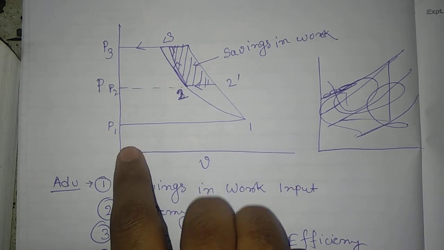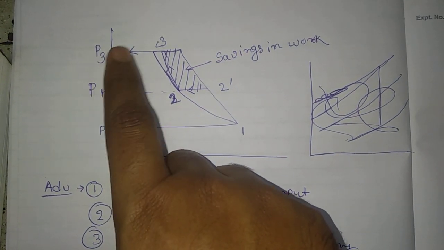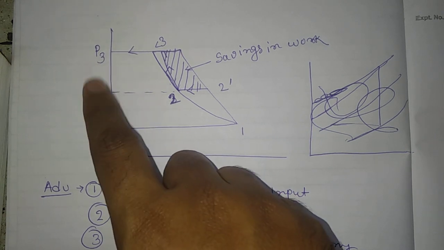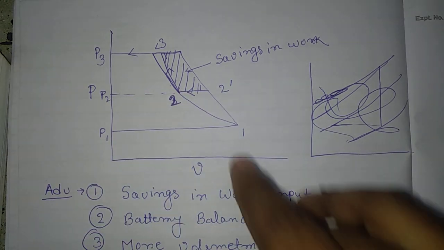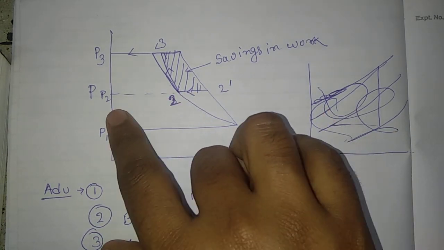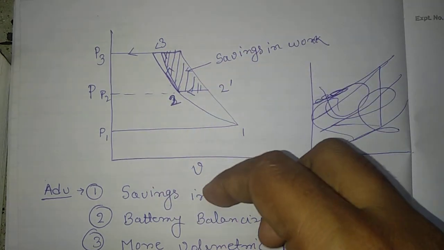So P1 is your initial pressure, P3 is your delivery pressure, which is far higher, and P2 is your intermediate pressure, which is obviously in between P1 and P3.